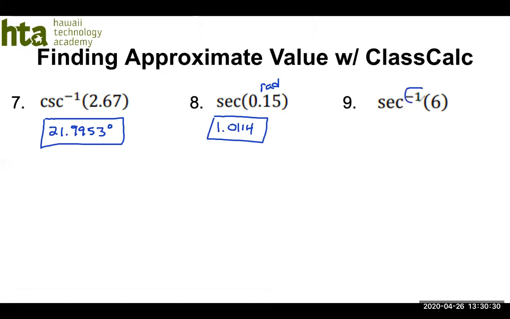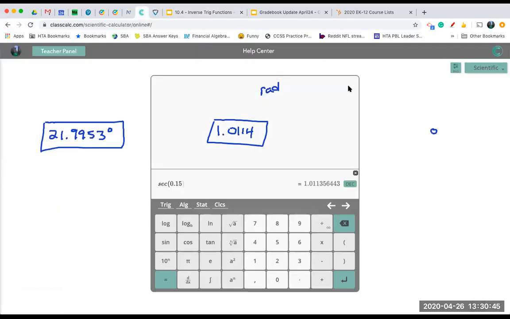So like number 9, inverse, we are finding a degree, so our answer should have a degree symbol. I'm going to write it now so I don't forget about it. And we are just going to straight up type in secant inverse of 6, but because we're finding a degree, our ClassCalc settings need to be in degrees. Always make sure you have your settings correct for ClassCalc.